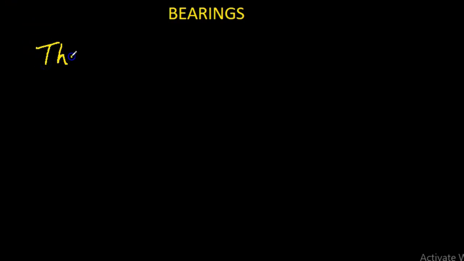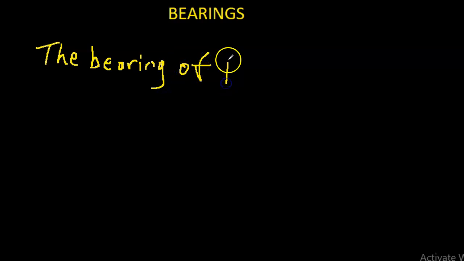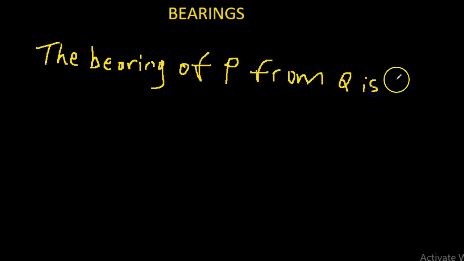The bearing of P from Q is 80 degrees. We usually use 3 digits, so if 80 we put a 0 in front. The bearing of P from Q is 080 degrees. How do we represent that?